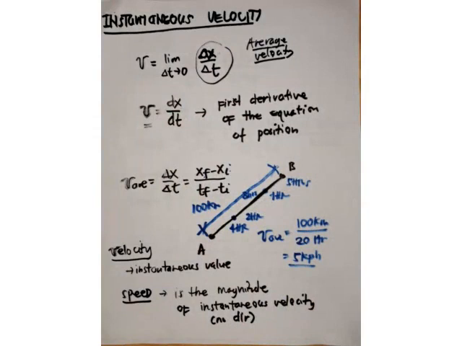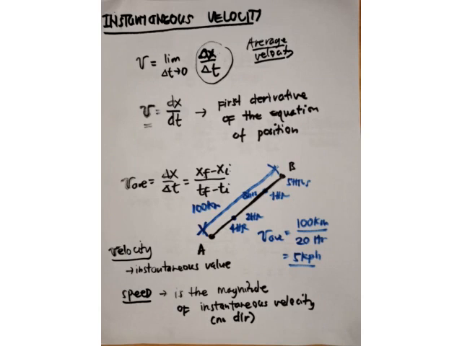Ayan. And the relation of instantaneous velocity to instantaneous speed is that the instantaneous speed is actually the magnitude of the instantaneous velocity. So also the word instantaneous, we don't need to attach it to the word velocity and speed to mean instantaneous. So it's automatic. If we say speed or velocity, we actually mean instantaneous values.